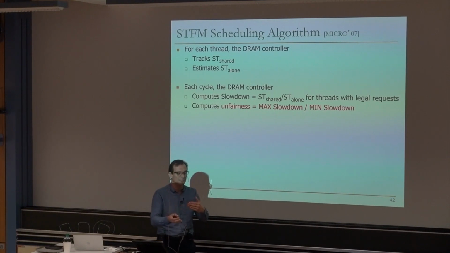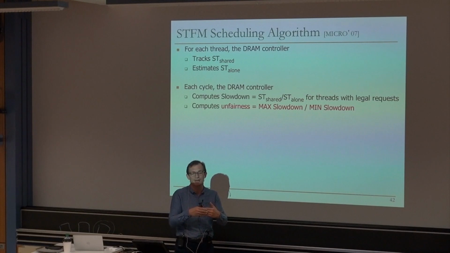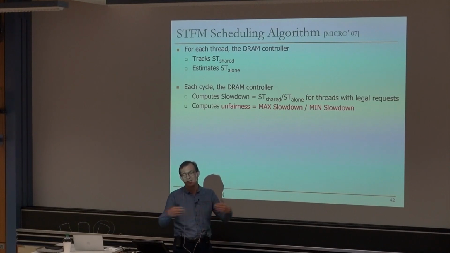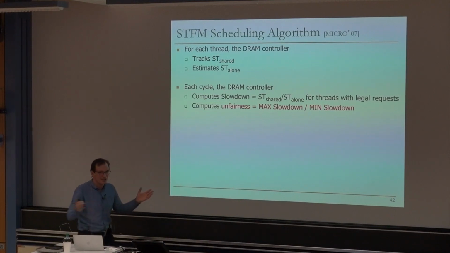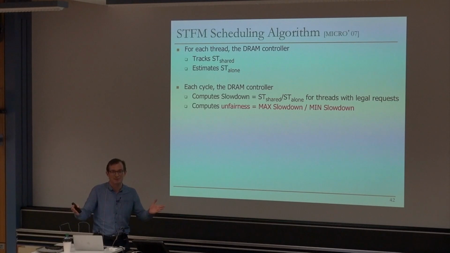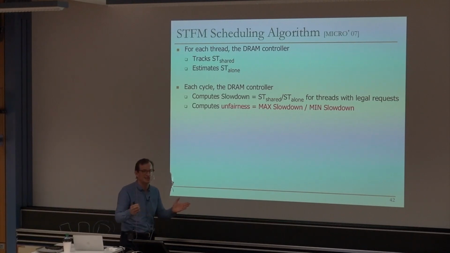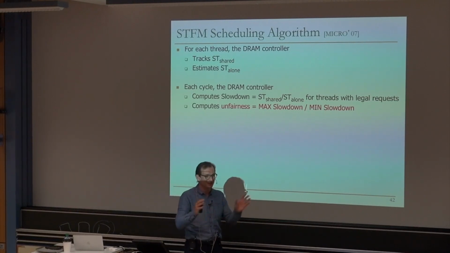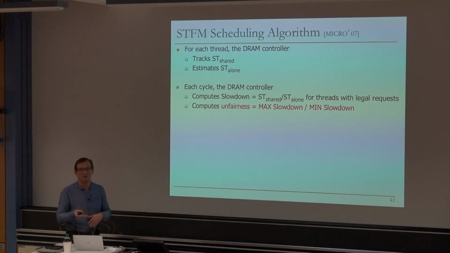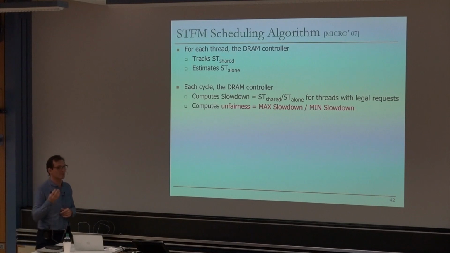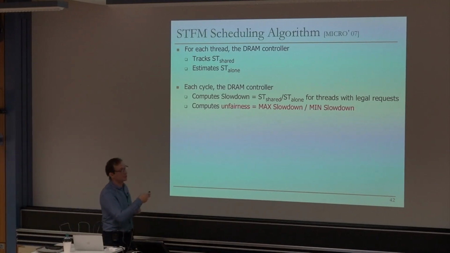If it's a row buffer conflict, but if it wouldn't have been a row buffer conflict if the thread were running alone, you basically increment stall time excess by some amount. That some amount is actually how much additional time you delay the thread because of the additional row buffer conflict you get. So, okay, you account for some more cycles. That's good. So you could keep doing that, but you need to be able to do this for every source of interference if you want to get ST alone or ST excess absolutely correct.